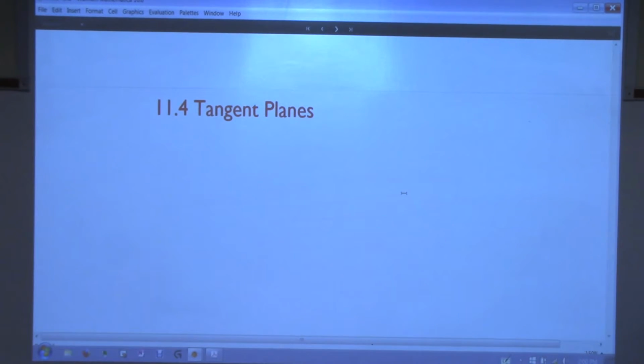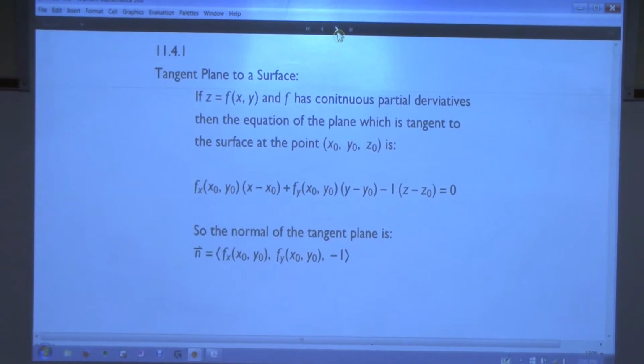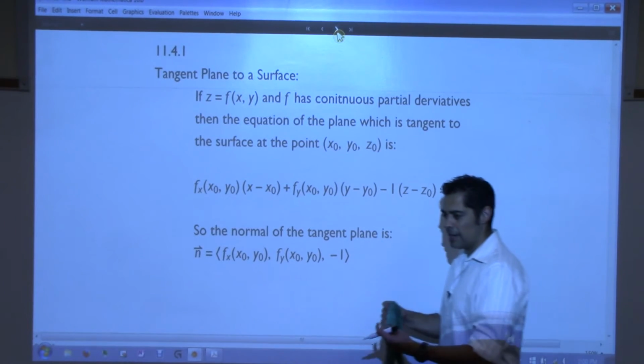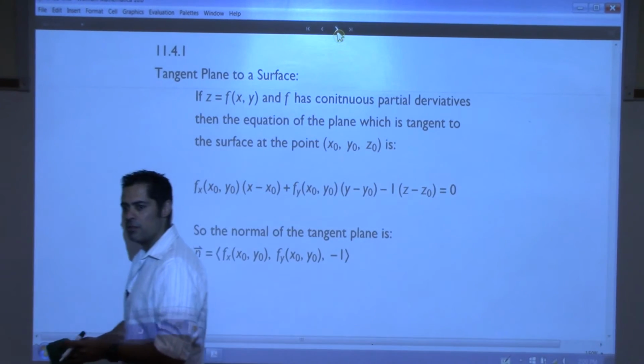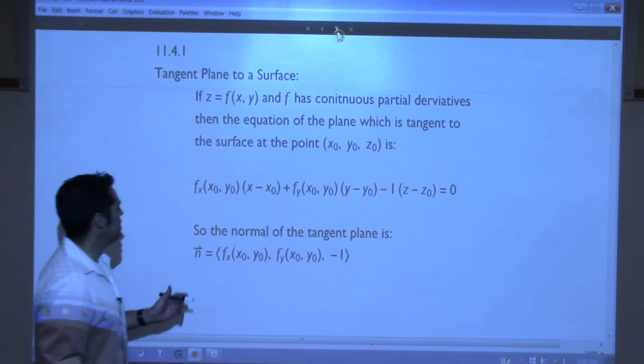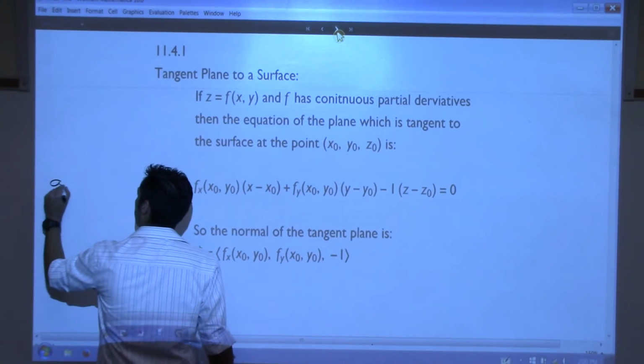Tangent planes. So we talked about this last class a little bit. What do you need to define a plane? Point and normal vector, right? In fact, we've seen the equation of a plane.